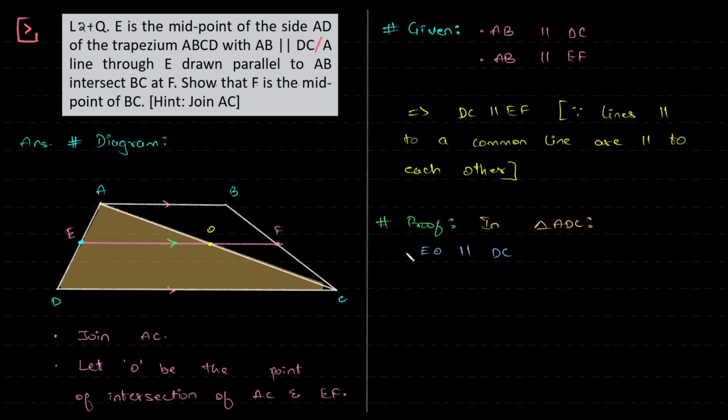Then E is the midpoint. So we have two conditions, that is EO is parallel to DC and E is the midpoint of one of the sides, that is AD. So with this, what can you tell? This infers that O is the midpoint of AC. How are we able to tell this? Because of the midpoint theorem.